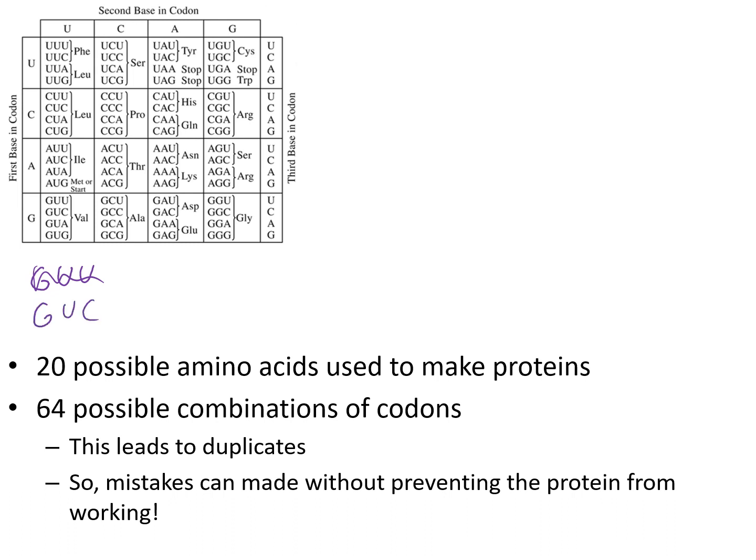Well, both GUU and GUC code for the same amino acid, so have no problems. And same thing for this one. Like, this is if UUA changed to UUG or vice versa. LEU stands for leucine. It's an amino acid, and it's not going to be a big deal.